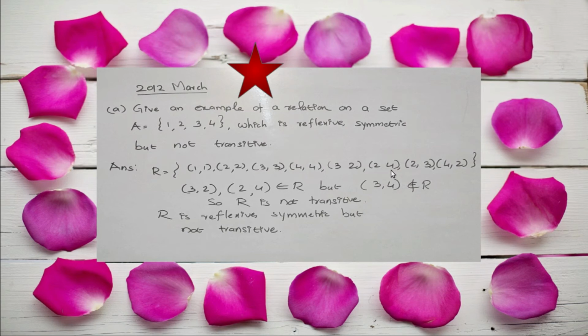Then when (2, 4) belongs to R, (4, 2) belongs to R. Now clearly this relation is not transitive because (3, 2), (2, 4) belong to R, but (3, 4) does not belong to R. So R is not transitive. So this relation is reflexive, symmetric and not transitive.